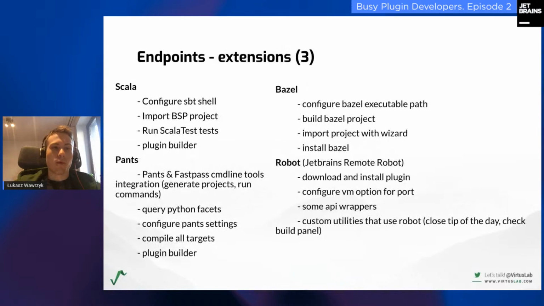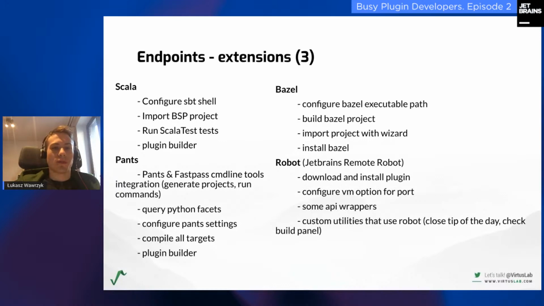And we also have four extensions so far. We have an extension for the Scala plugin. They don't have many features, but what we needed, so we can enable the SBT shell, because some SBT projects don't import through the regular interface. You can import a BSP project, we can run Scala tests specifically.